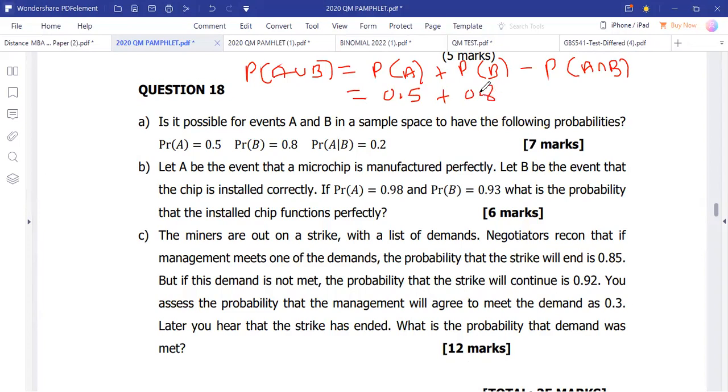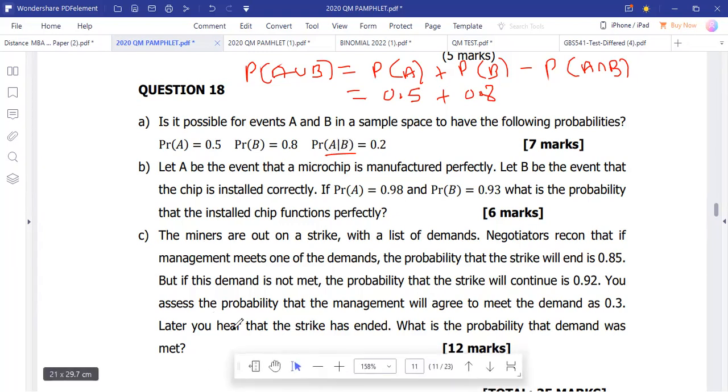So when we multiply, which of these two should we multiply to get the intersection?